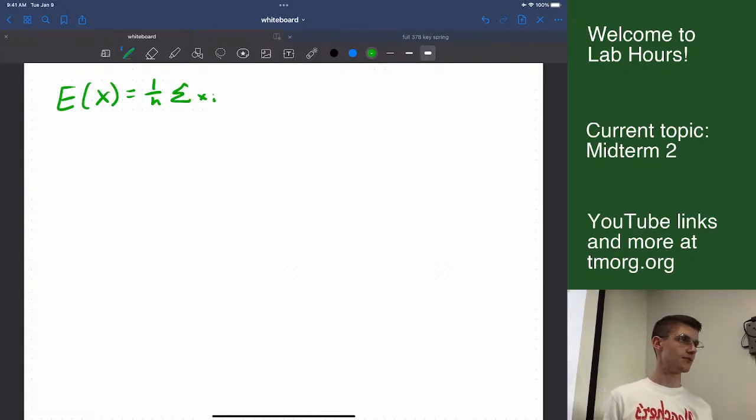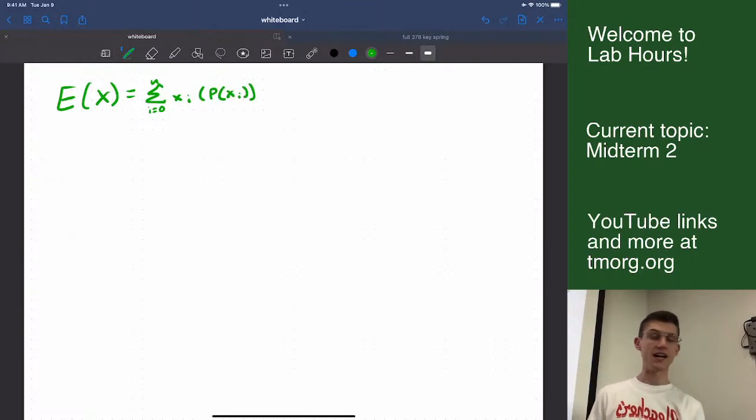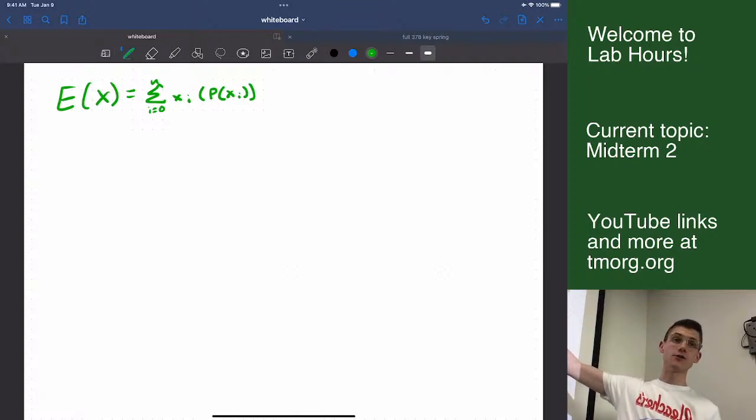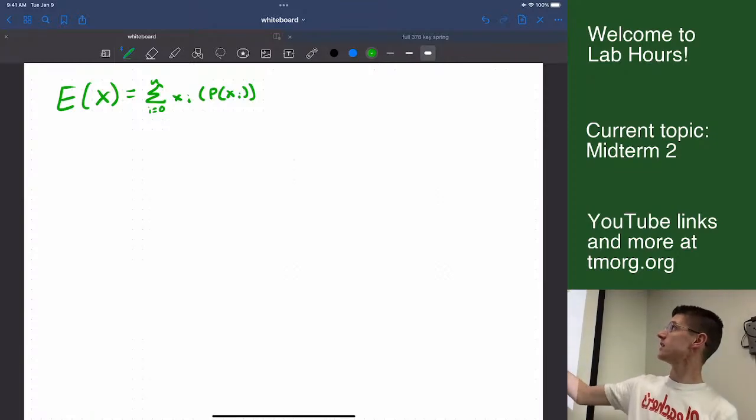We did that last time: add up all the x's divided by the number of x's, or alternatively, the sum across the bounds of the thing times the probability of seeing that thing, added up across the bounds. I don't know if this is familiar for you guys, throwing war flashbacks to that first midterm, but this is actually going to come in real clutch.